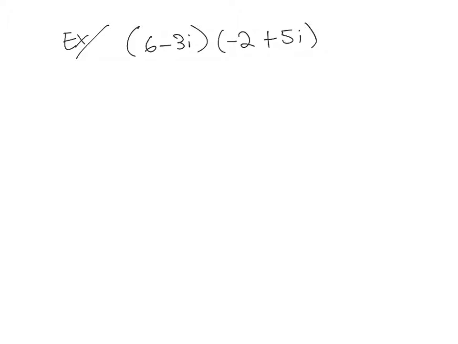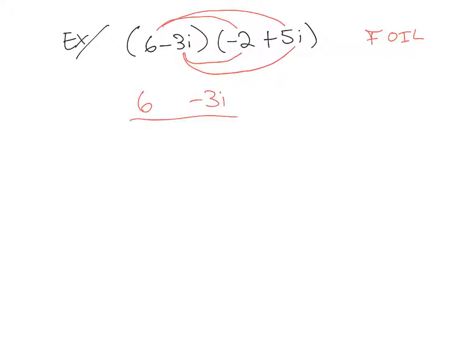If you would like, we could FOIL this: 6 times -2, then 6 times 5i, then -3i times -2, and then -3i times 5i. Or some of you prefer the box method. It's totally up to you. I'll use the box method because I think some of us could get help from the organization it provides.